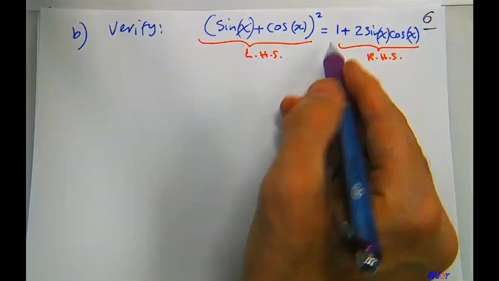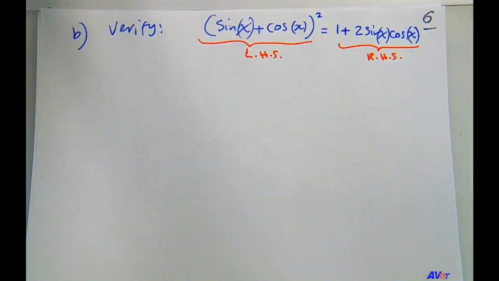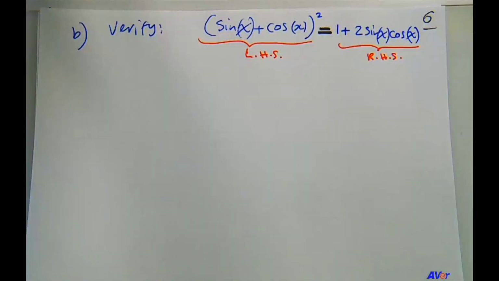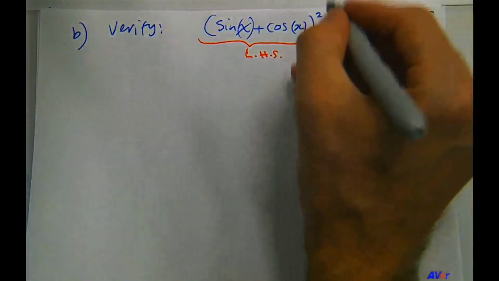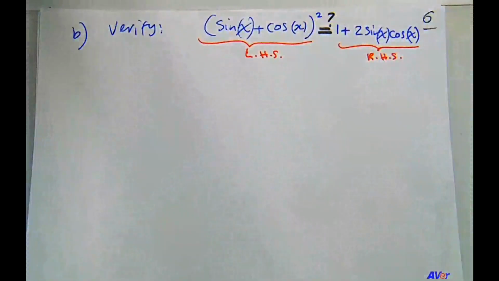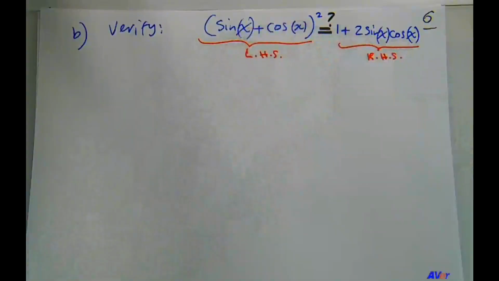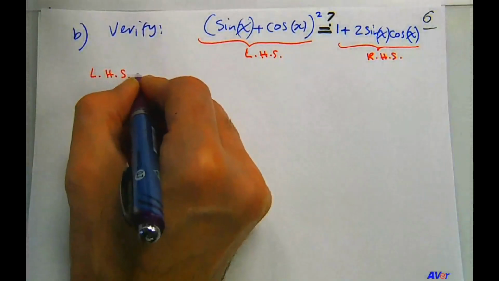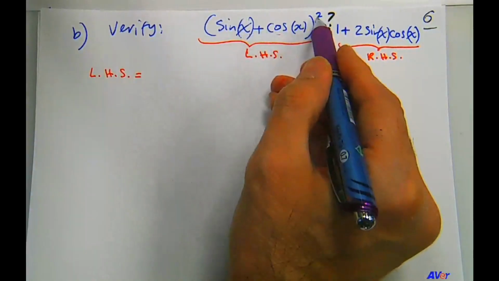So if we want to verify this equation, we need to, so that's a question mark, right? We're verifying that the left-hand side is equal to the right-hand side. We need to show that. So the left-hand side, let's expand this. That's the binomial squared, right?